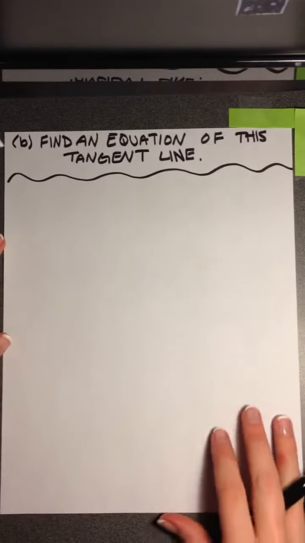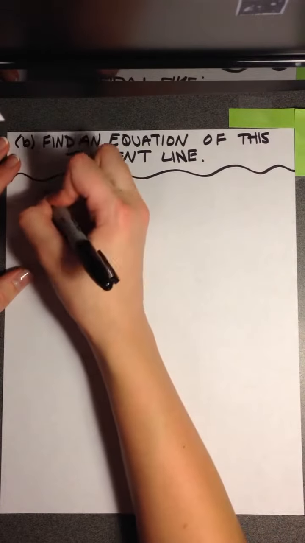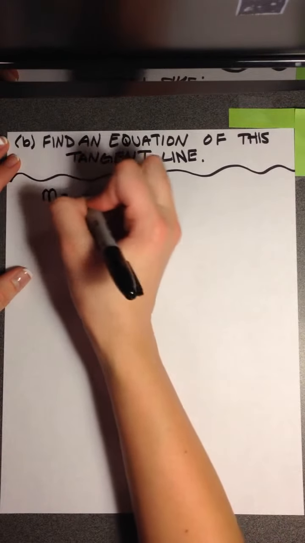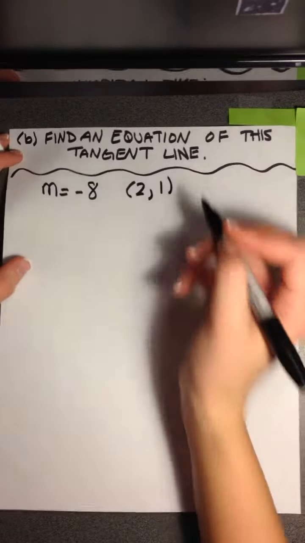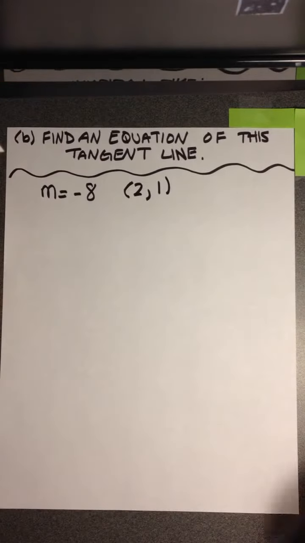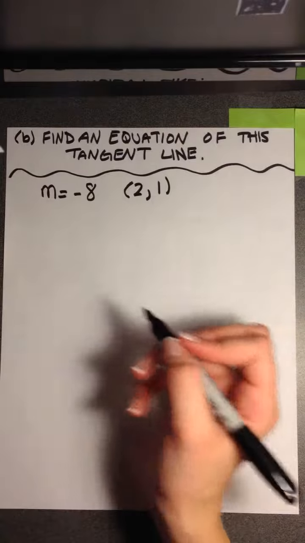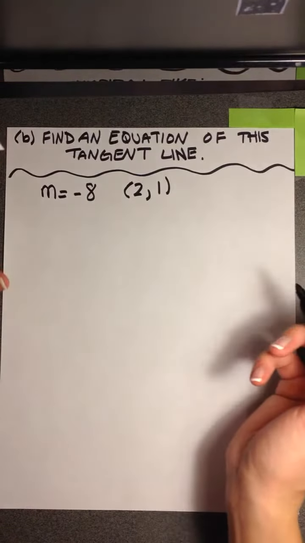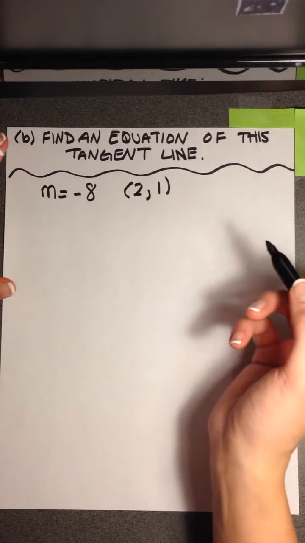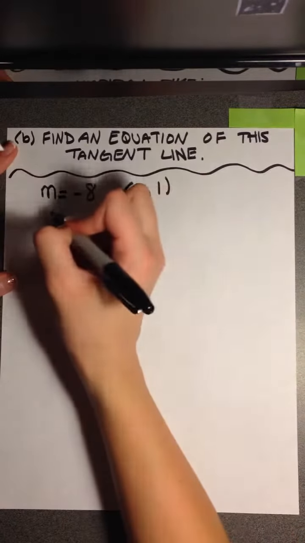We just found out that the slope was negative 8, and we have our point (2, 1). Now all we have to do to find the equation of this tangent line is use the point-slope formula for a line.